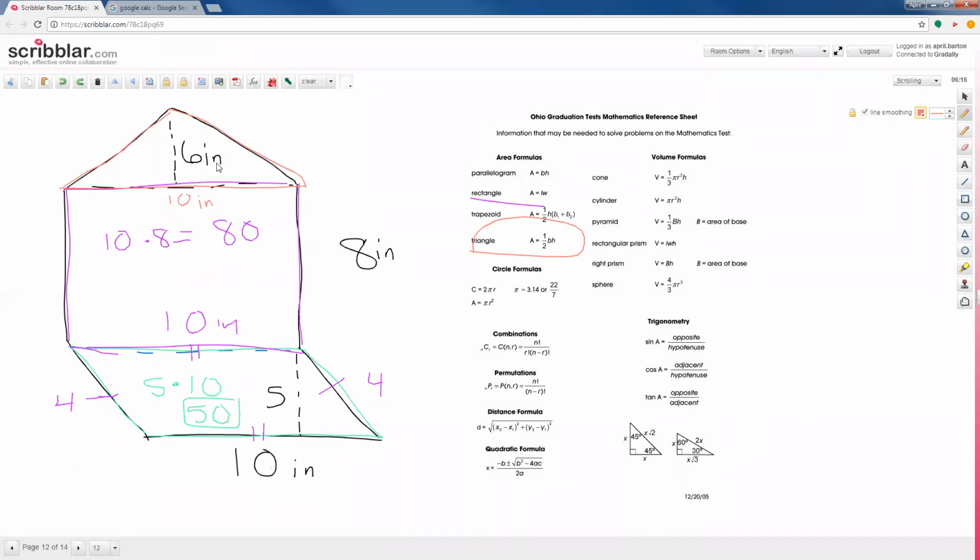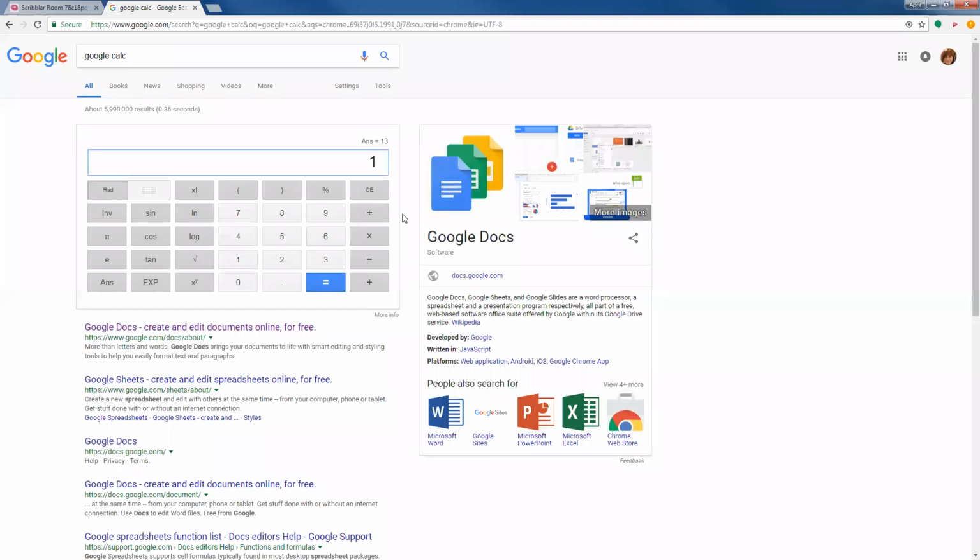Okay, close. 60 is the 6 times 10, but there's one other part of a triangle area. It has that 1/2 in front. So what do you get if you do 1/2 times the 60? I'm pretty sure you meant 30 and not just 3. 60 divided by 2, or 1/2 times 60, is 30.